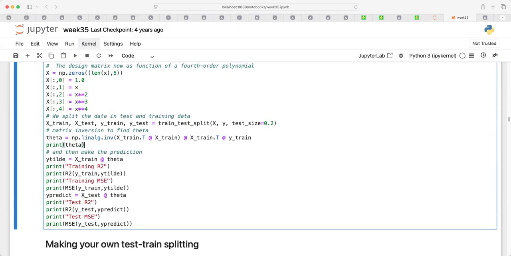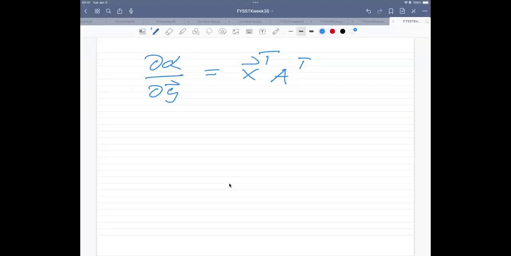Just to remind you of what we are doing here, let's go back to the whiteboard. We have split the data into training and test.